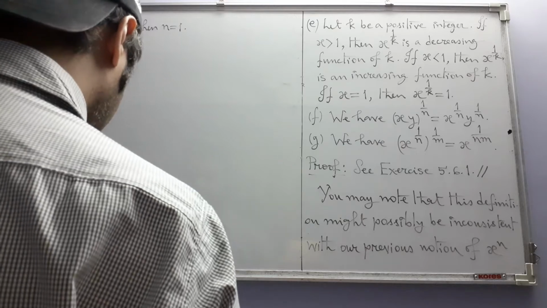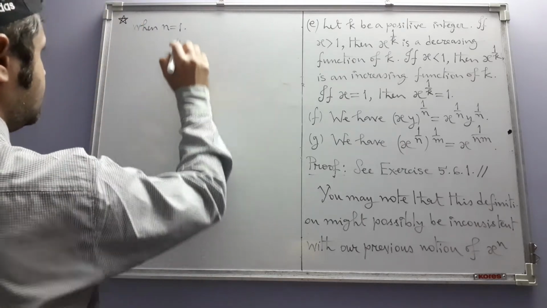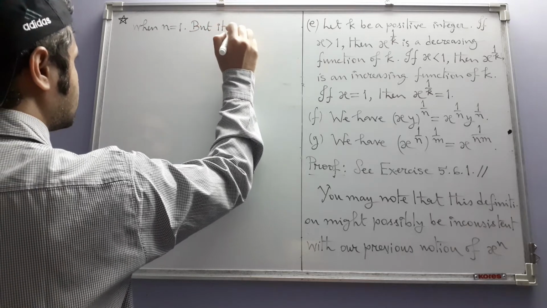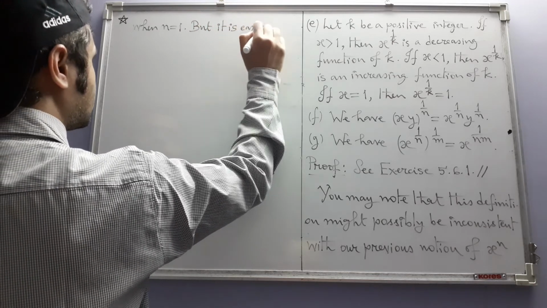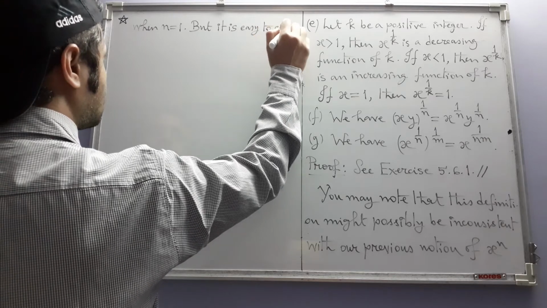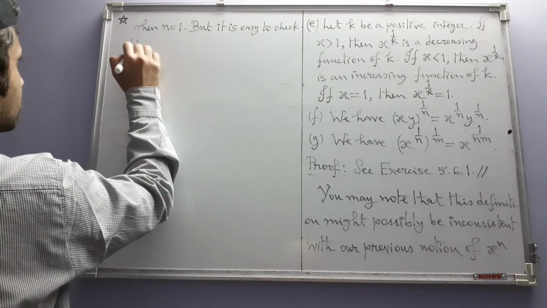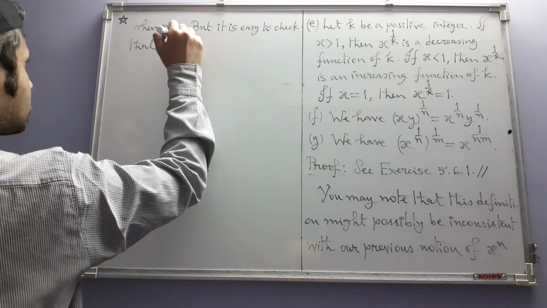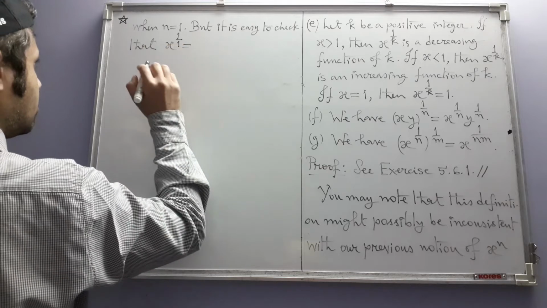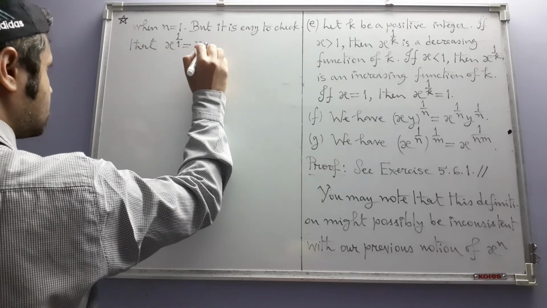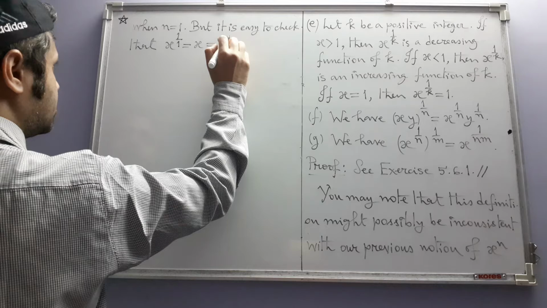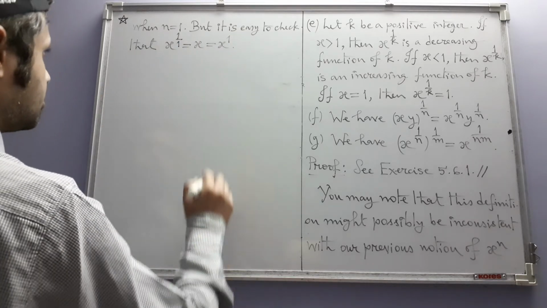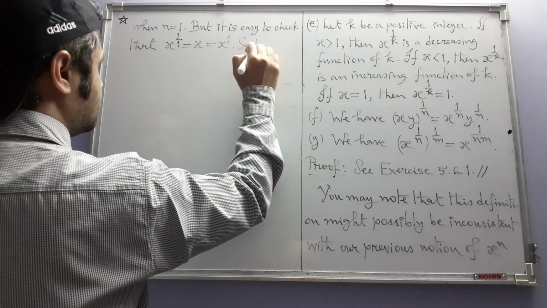Fortunately they are, but it is easy to check that the 1st root of x is x, which of course by definition is also equal to the 1st power of x. So there is no inconsistency.